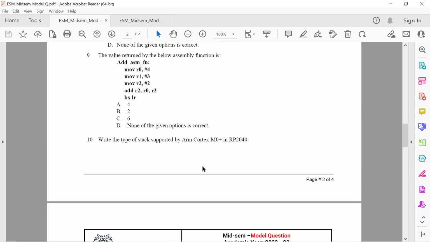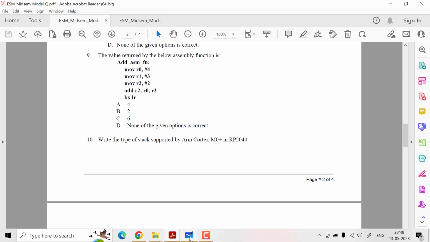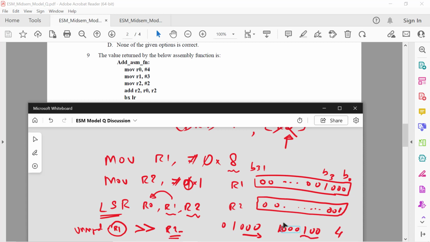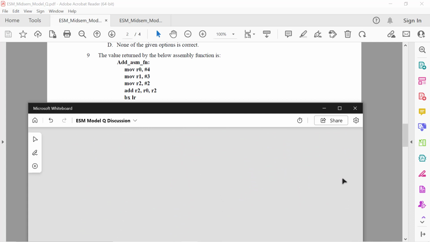Now let us look at the other code. Before we see the options, let us just try to execute it. Now move R0, 4. So let me write it. You can also do the same way so that you will never be going wrong in the exam.